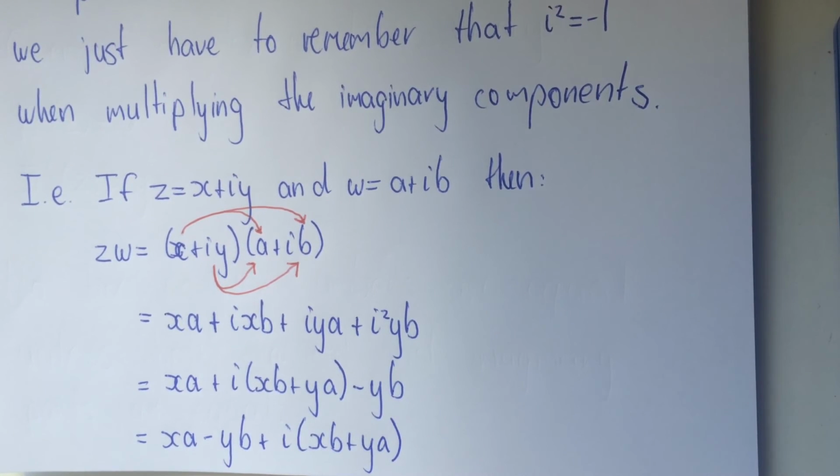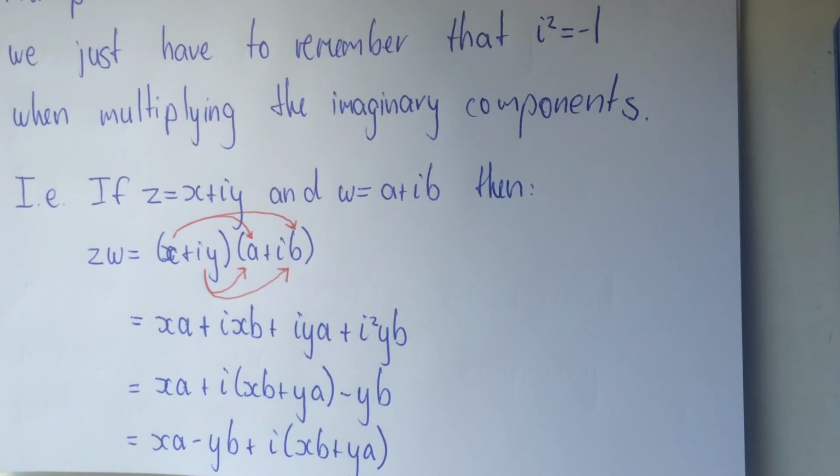So what we end up getting is xa plus ixb plus iya plus i squared yb. And then we go to xa minus yb plus i outside of xb plus ya. Then we just group the real and imaginary terms together, like you would with addition or subtraction.